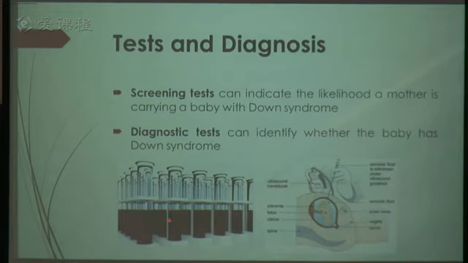Here, this is a blood test. It's one of the screening tests. And here it's amniocentesis, I believe, which I will talk about later. It's one of the diagnostic tests, which can tell the definite number of chromosomes.